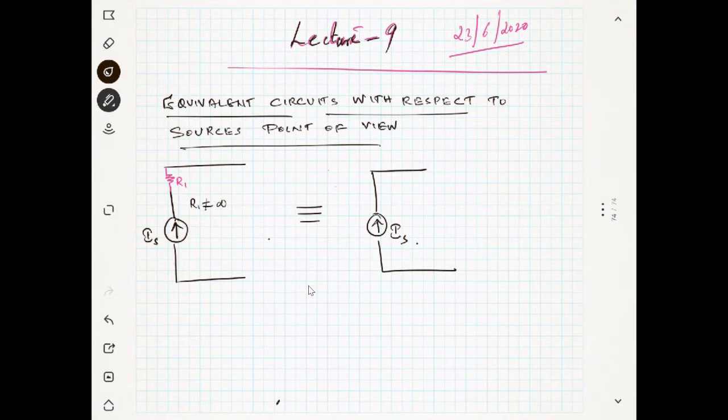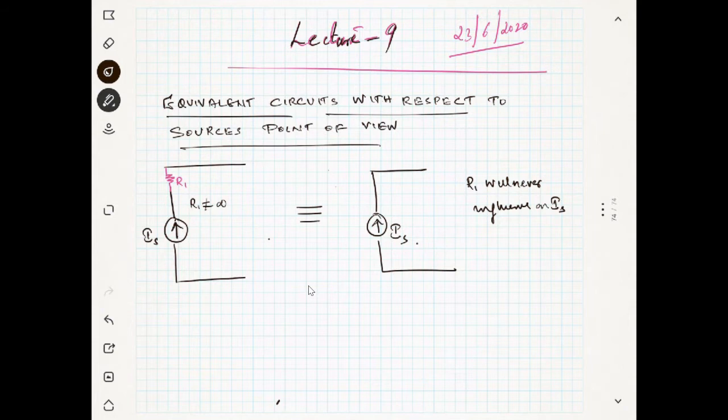That is one reason. And also this is a current source, and this current source will never get affected by this R1. R1 will never influence Is. That's why I can remove this R1.